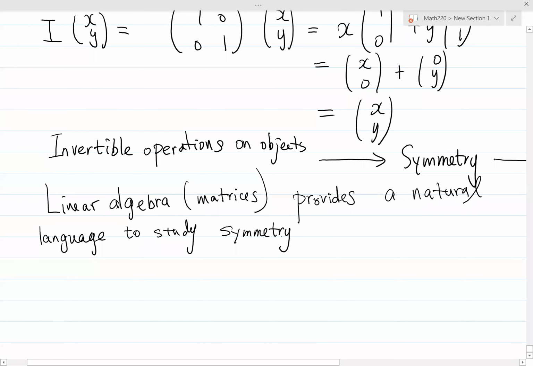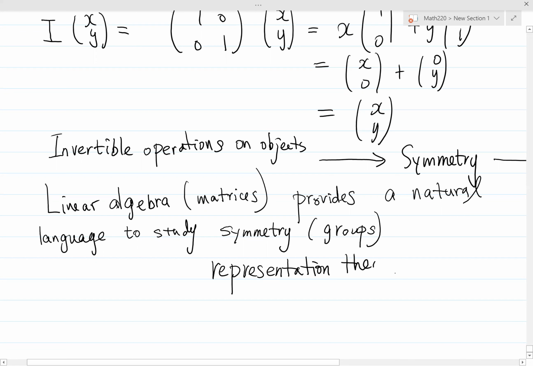Okay, we call it groups. A group is just a collection of these invertible operations. Now this thing is called representation theory. We represent certain symmetry by matrices. This is called representation theory.